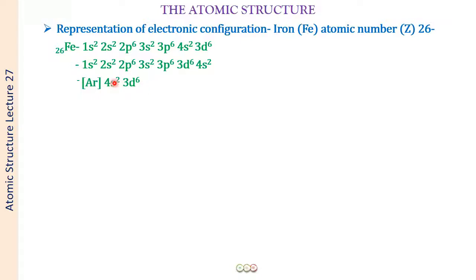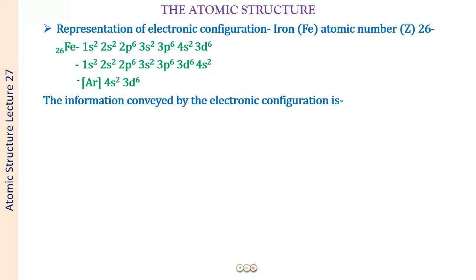Whenever we do not want to write such lengthy notations, we write the noble gas coming before the element in brackets, and then continue with the valence shell, and if there are 3d electrons like in this case, we write that configuration after that.